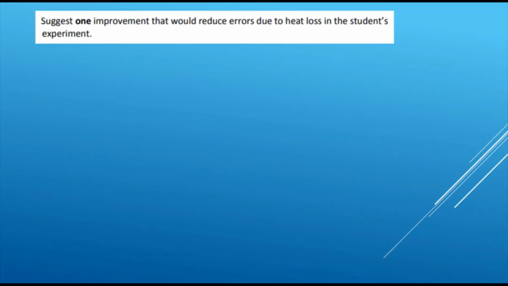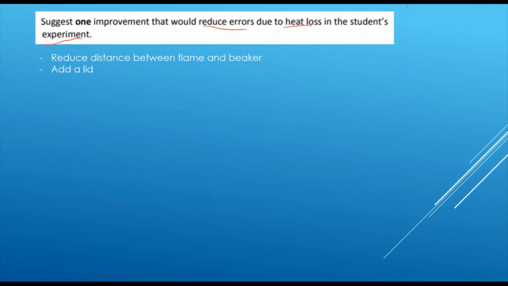So there are a few questions they can ask you in addition. So for example, suggest one improvement that would reduce the errors due to heat loss in the student's experiment. So what you can do is reduce the distance between the flame and the beaker. So for example, let's say we have a flame there, so that's my Bunsen burner, and we have a beaker which is hot, but we have another flame, and the beaker is much closer to the flame.